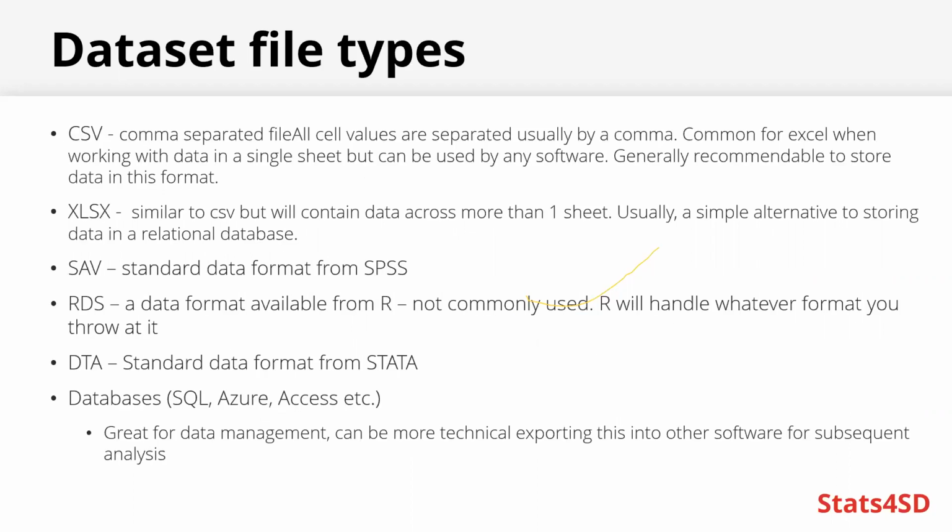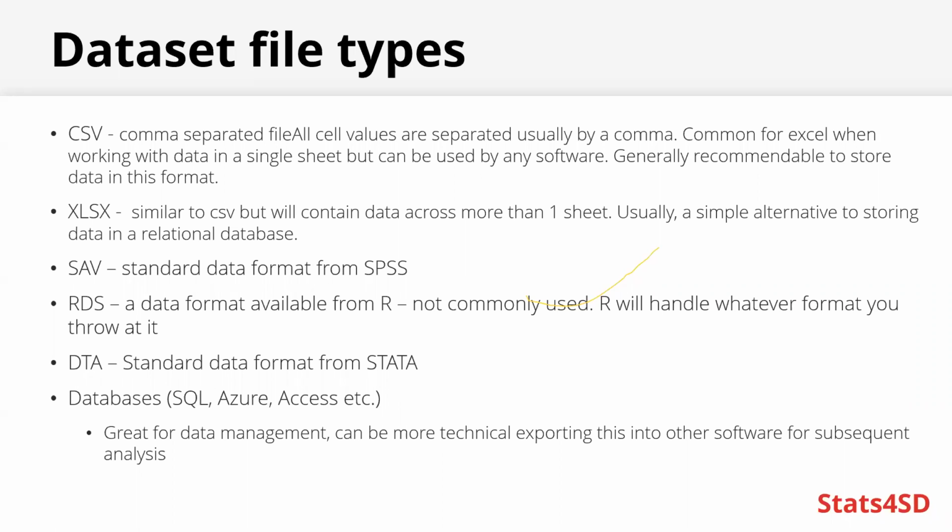So going on to outside of this and actually considering how your computer is reading this data in terms of the file type, very commonly you'll probably be using CSVs. These are comma separated files, so all the cell values are separated usually by a comma. This is common for Excel when working with data.